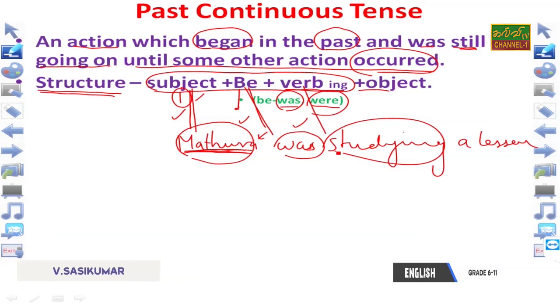That's why the sentence has been completed with the past continuous, and we have understood what was going on. So that's why I have given a good example for this structure. From this structure we have understood what the example is. So I can give many examples.